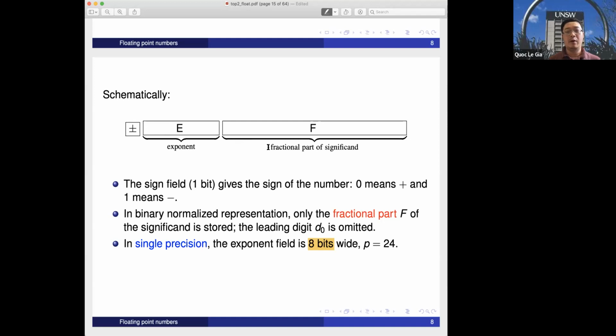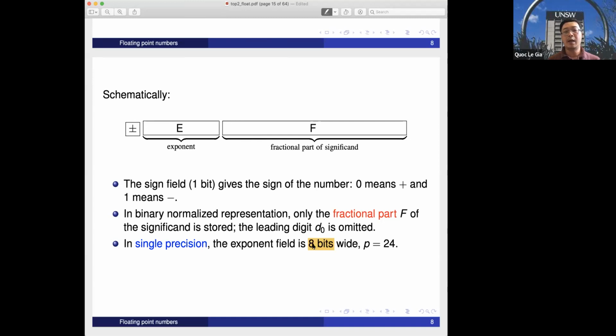P is 24, right? So what is P? Remember, P is the total number of digits in the floating point numbers, and you store only P minus 1 digits for the fractional part of the significand.